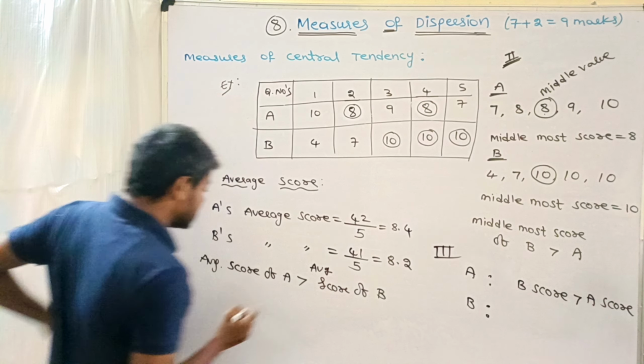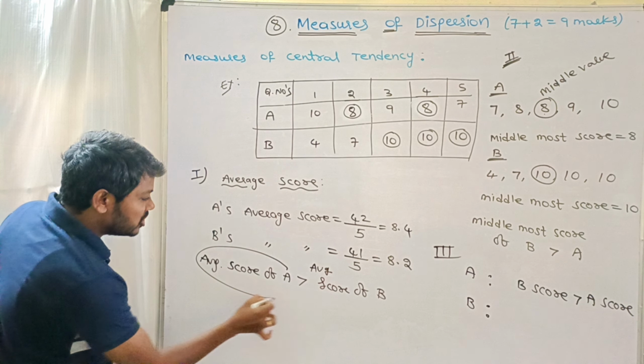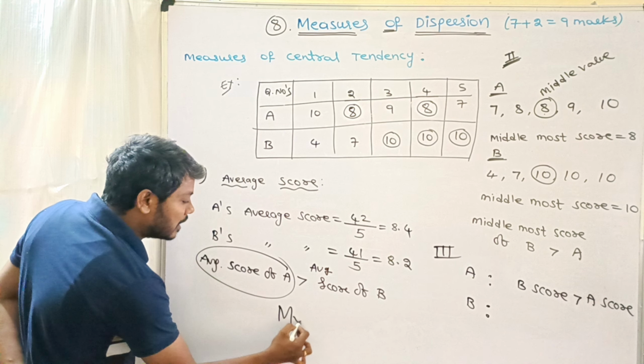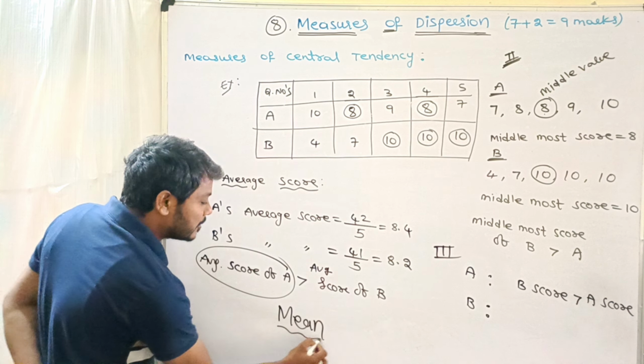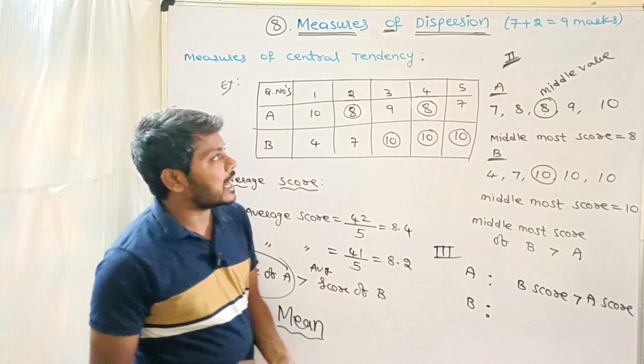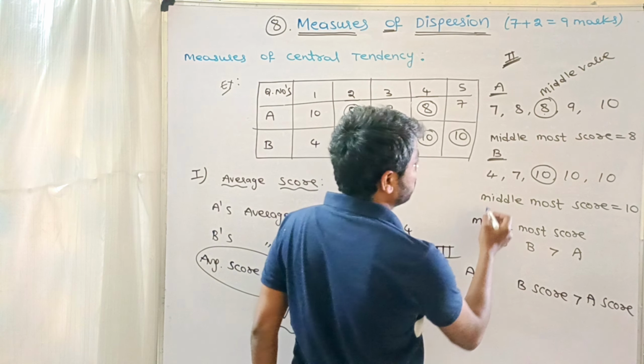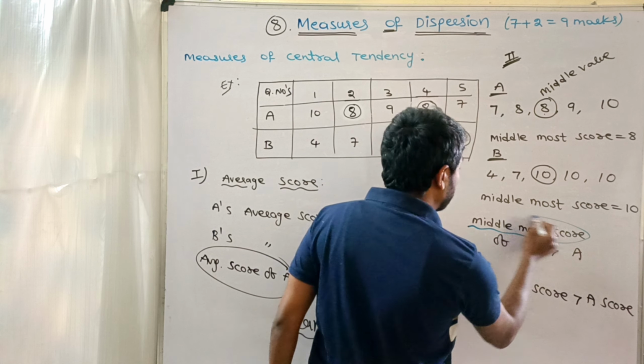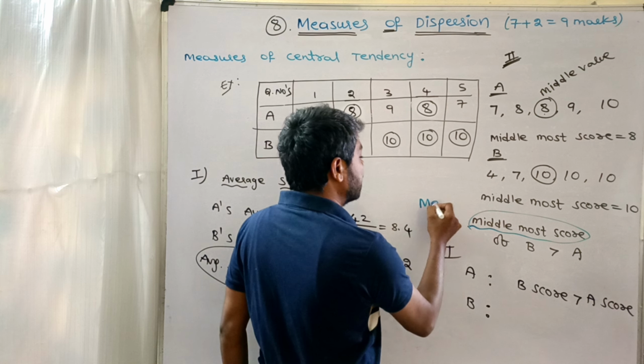So in the first case, the average score, which is called the mean. In the second case, the middlemost score, which is called the median.